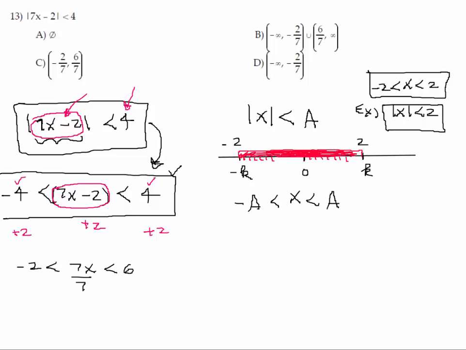Divide each term by 7. So x would be between minus 2/7 and 6/7. If I were going to write this in interval notation, there's no equal sign there, so it would be parentheses minus 2/7, comma, 6/7, parentheses, and there would be my answer.